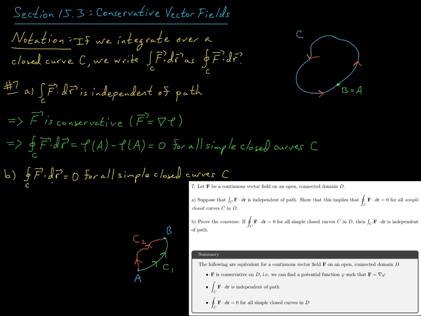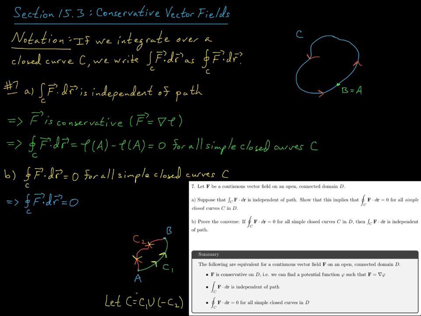All right, so how do we incorporate this assumption into this picture? Well, we can construct a simple closed curve from this by first following C1, and then we're going to follow C2, but in the reverse orientation. So in other words, we're going to start at B and then end at A. So here's what we're going to do.